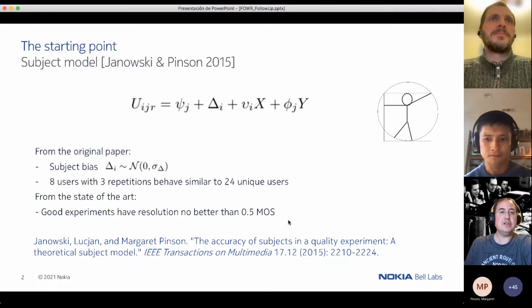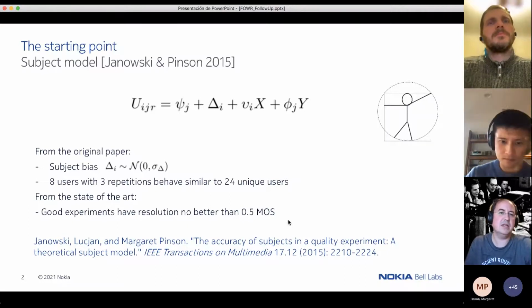The starting point for us when we started discussing this experiment is the subject model that's been discussed and reworked a lot by Sam in the last years, which is that you could model the subject score as a random process.